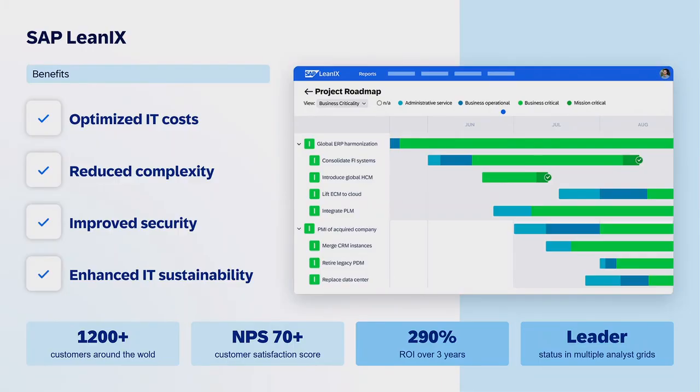So we spoke about Signavio. Just to summarize, SAP LeanIX. SAP LeanIX is an enterprise architecture platform which helps you understand your application portfolio today, look at what optimizations you can do, and what harmonization opportunities you have in your IT portfolio. It helps you understand the risks and compliance requirements of your IT applications.